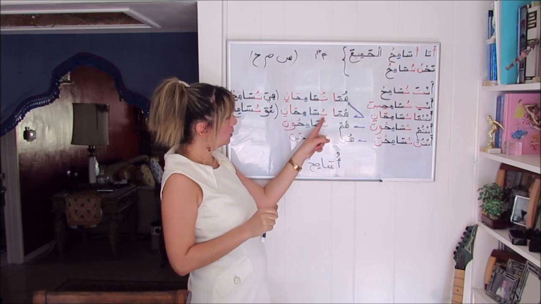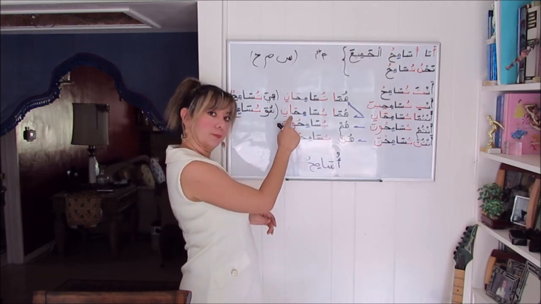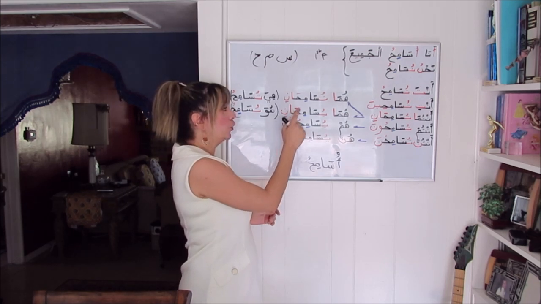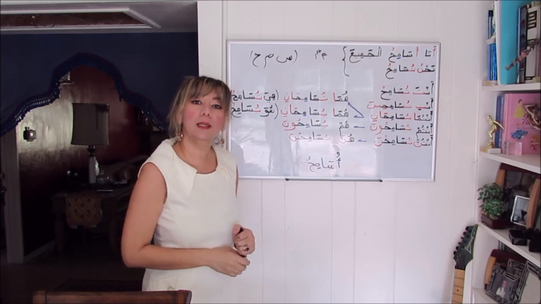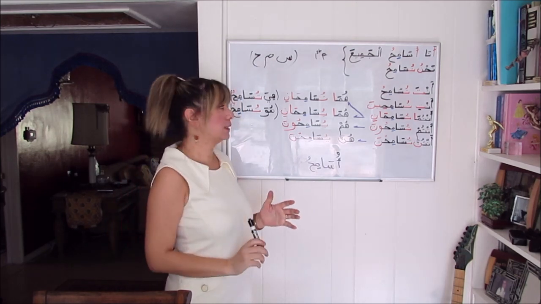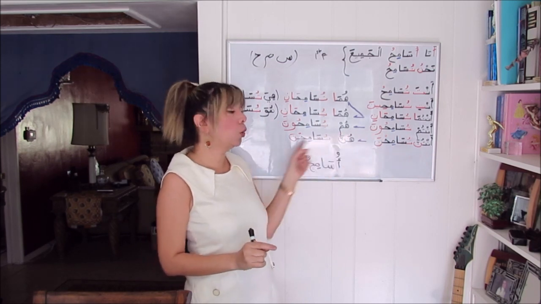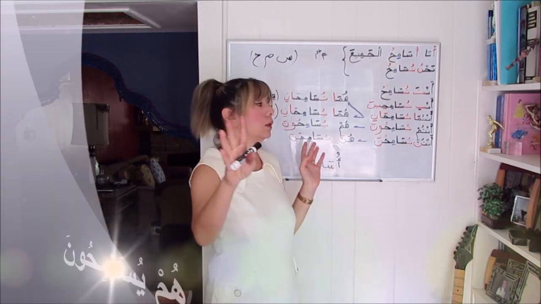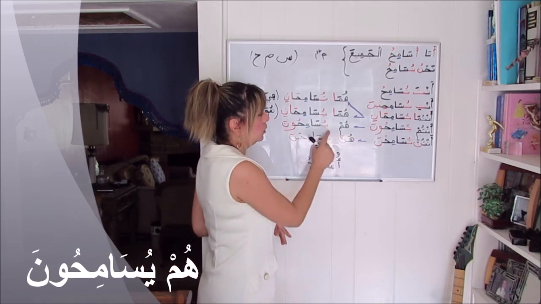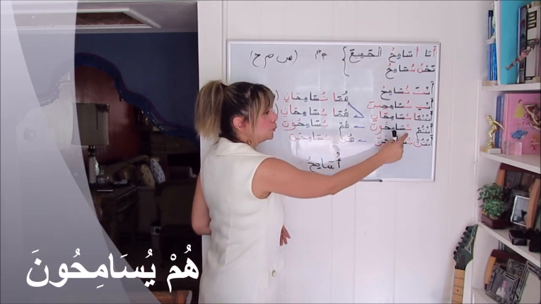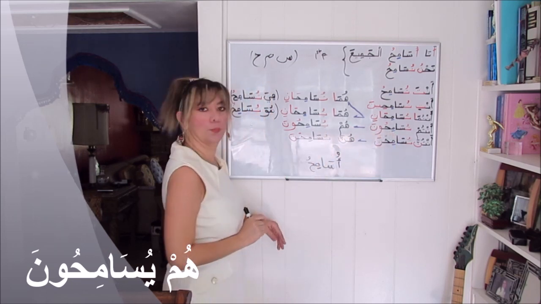And the same, يسامحاني. The dual alif is the subject of the verb and the noon is the indicator of the nominative case. For أنتم we said تسامحون. Huma, third person masculine plural, يسامحون, same thing, we just change the prefix from ta to ya.